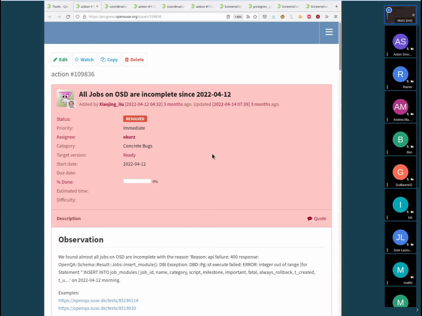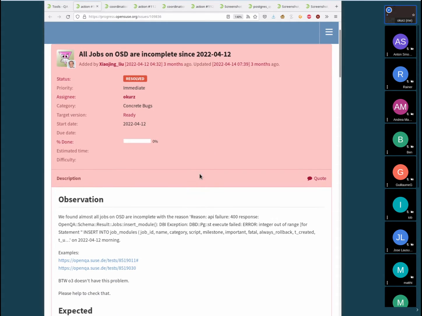It all started in April, because in April we had a problem that suddenly all jobs on openqa SUSE QE that were finishing ended as incomplete. The error message was something like "openqa schema results database ... error: integer out of range".